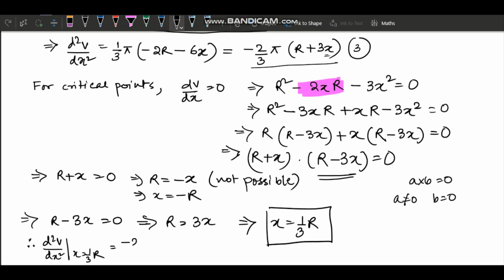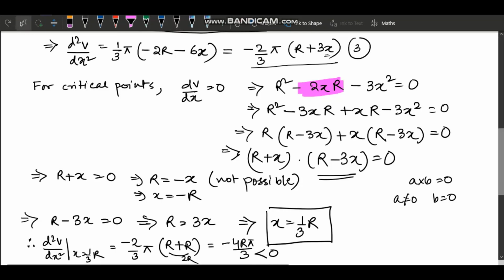So just substitute for x in this and you will get a negative quantity. So if you put 3x equal to r, this is what you are getting, right? So this is 2r. From here you have 2r. So you are getting minus 4r pi by 3, which is clearly negative, which is less than 0.